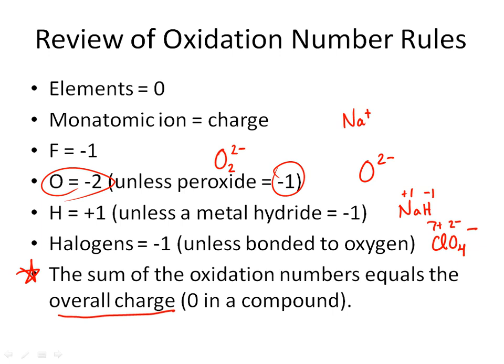Don't forget to distribute based on your number of atoms. For example, H2O, hydrogen's +1, oxygen's -2. Uh-oh, that doesn't equal 0 when I add them. Well, it does when I remember that hydrogen is 2 times +1, and this one's -2, so that gives me 0, which I expect for a neutral compound.